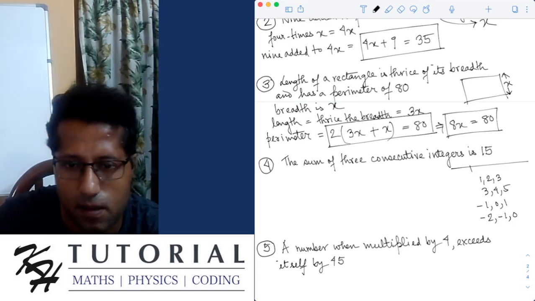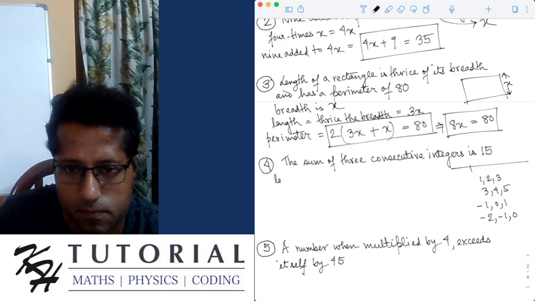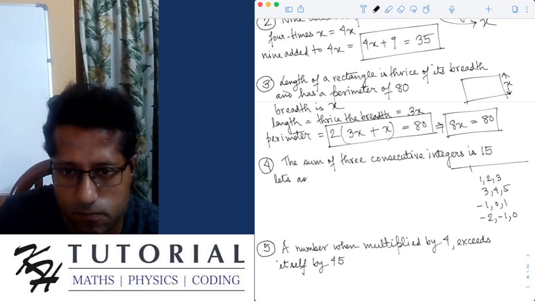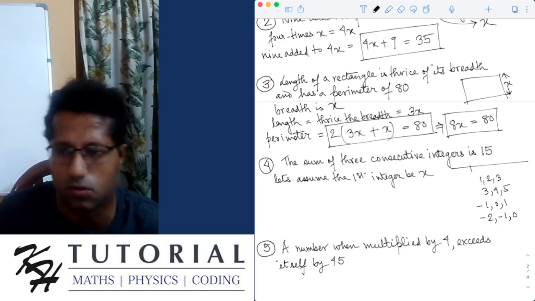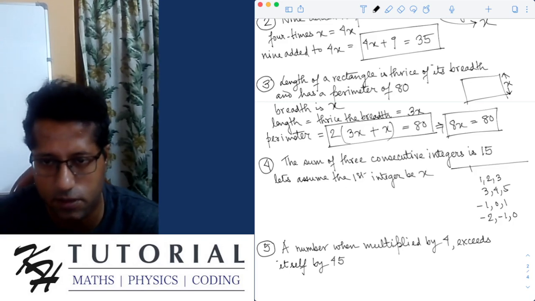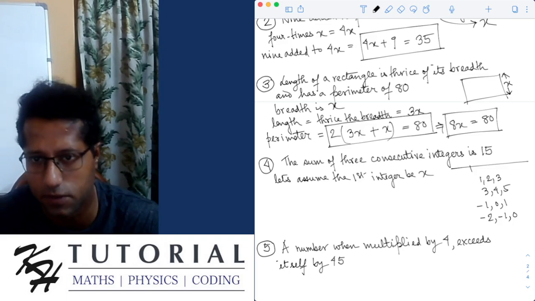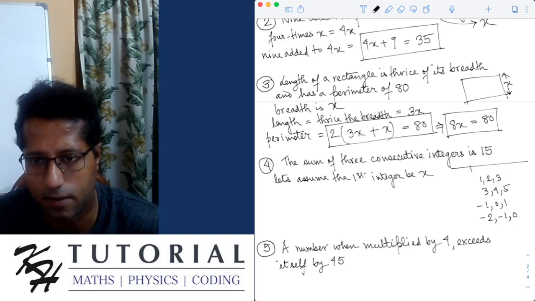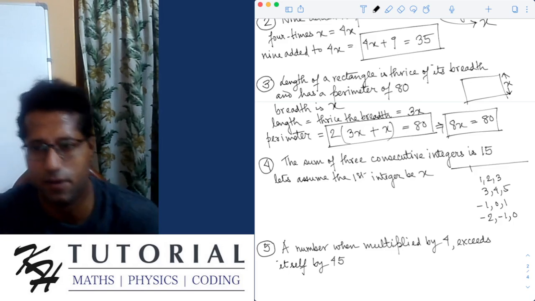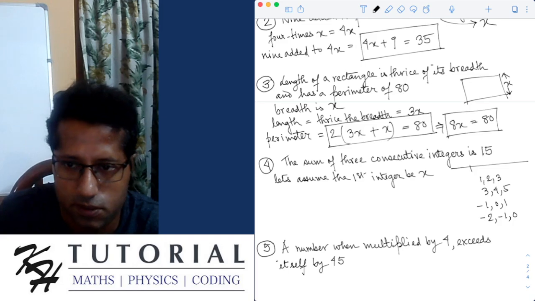So let's assume the first integer be x. This is the unknown, and we are representing it as a variable x.